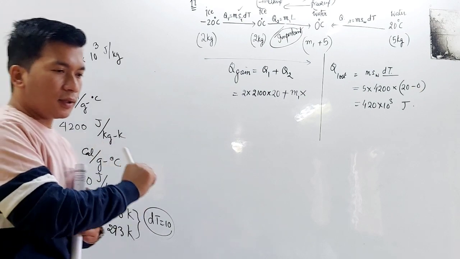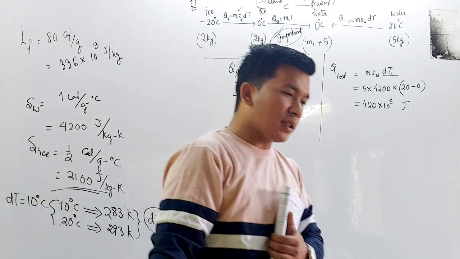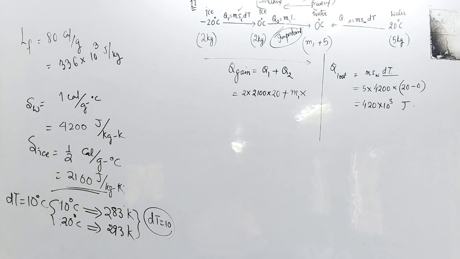In the formula book, the latent heat of fusion is given as 336 into 10 to power 3 joule per kg.